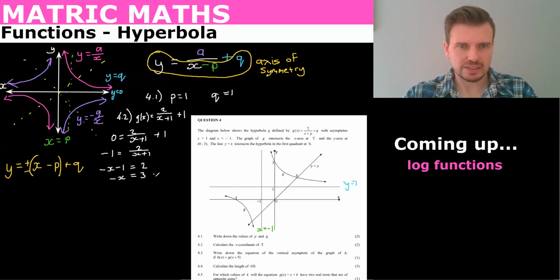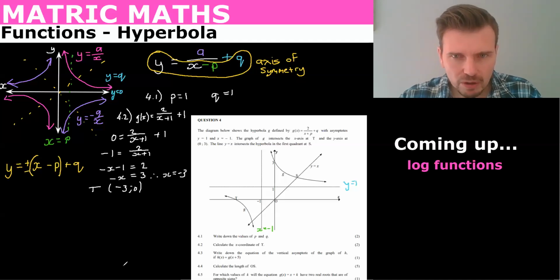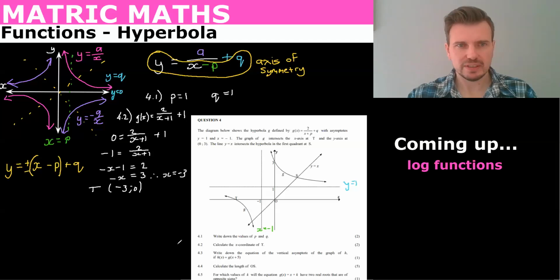So therefore x is equal to -3. Okay, they want the coordinates of t. I'm just going to say t is -3 and 0.